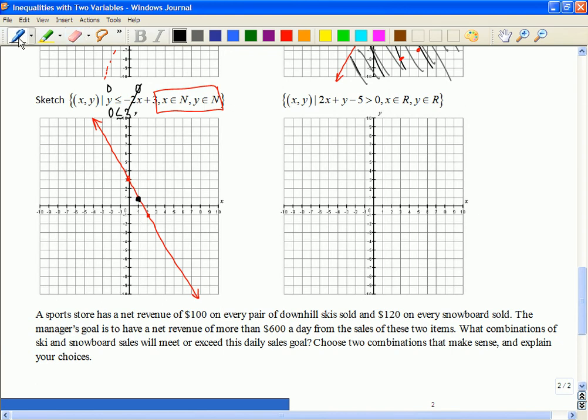Okay, so last one. I'm going to assume that we're probably okay with the lines now, so I'll do the line with you to speed it up, and then you guys do the shading. So 2x plus y minus 5 is 0.